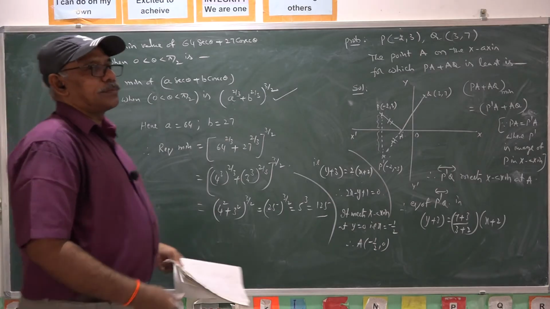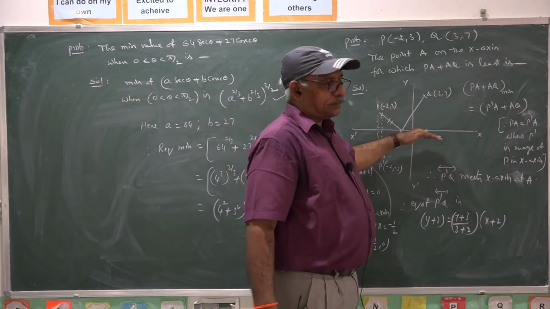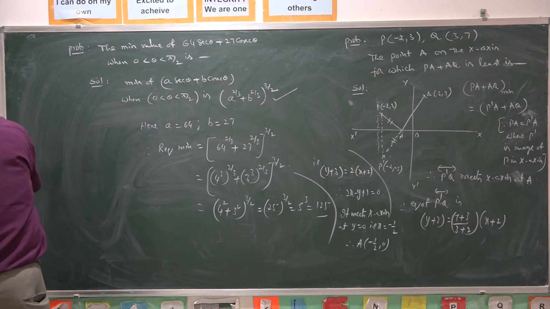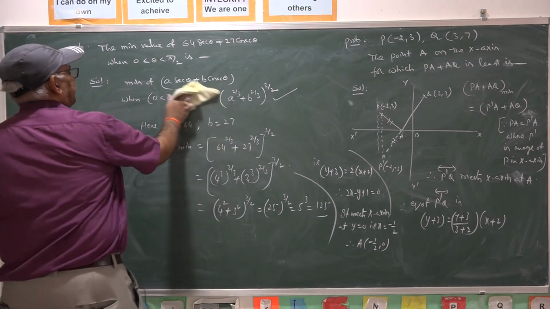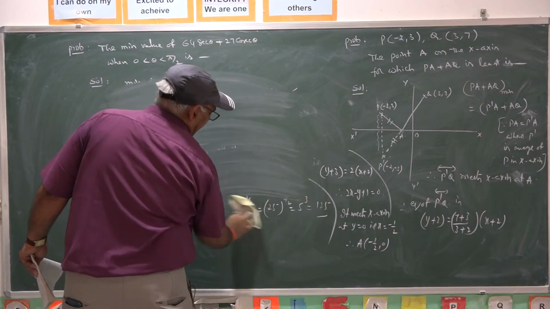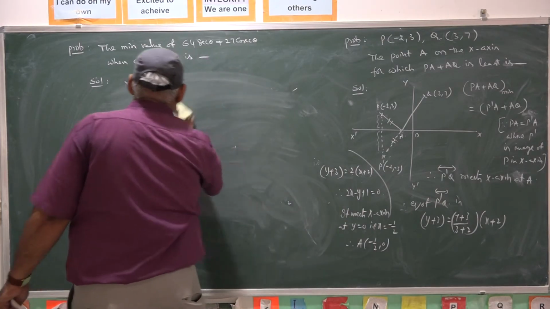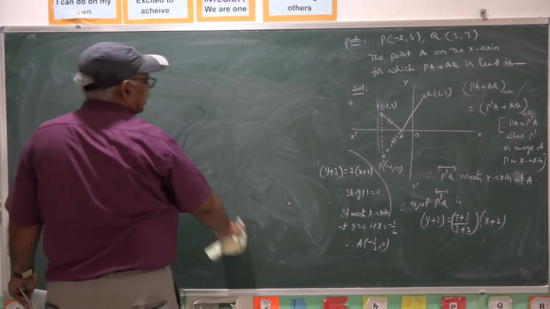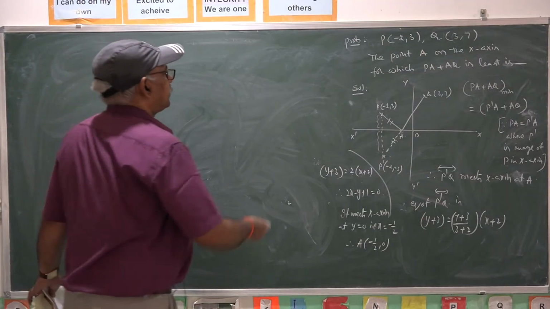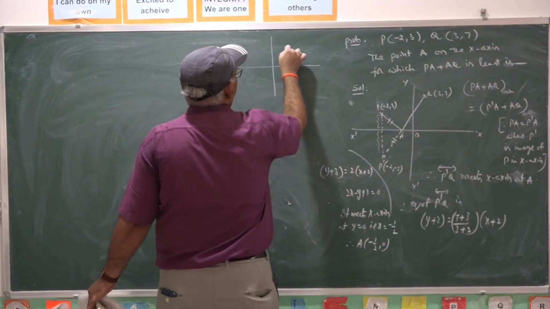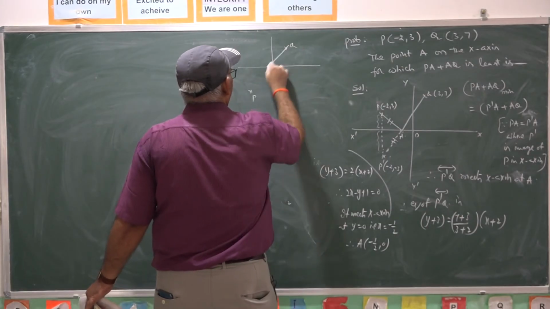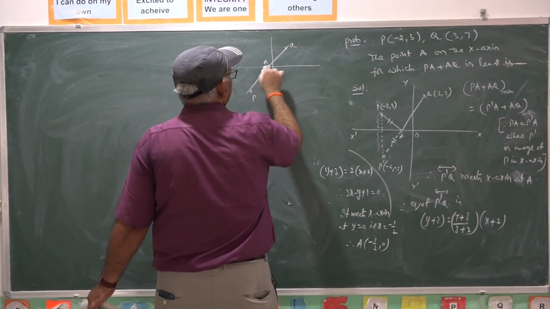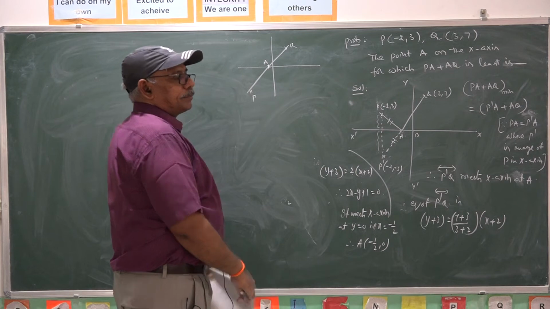This process should be followed in case both P and Q lie on the same side of the x-axis. If P and Q lie on opposite sides of the x-axis, suppose this is our Q and this is our P, straight away you can take the equation and find the point on the x-axis so that PA plus AQ is minimum.